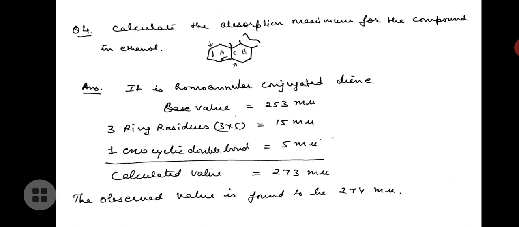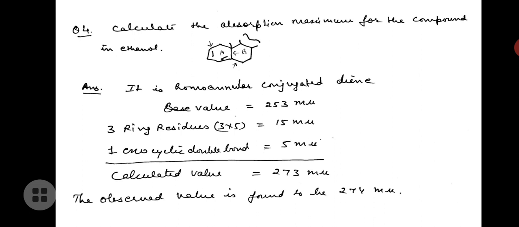Now the next example is to calculate the absorption maximum for the compound in ethanol. Here you can see two rings A and B. Now see the conjugated double bonds. The conjugated double bonds are present in ring A. That means it is an example of a homoannular conjugated diene. From the table, the value for homoannular conjugated diene is 253 millimicron. Now see the ring residues.